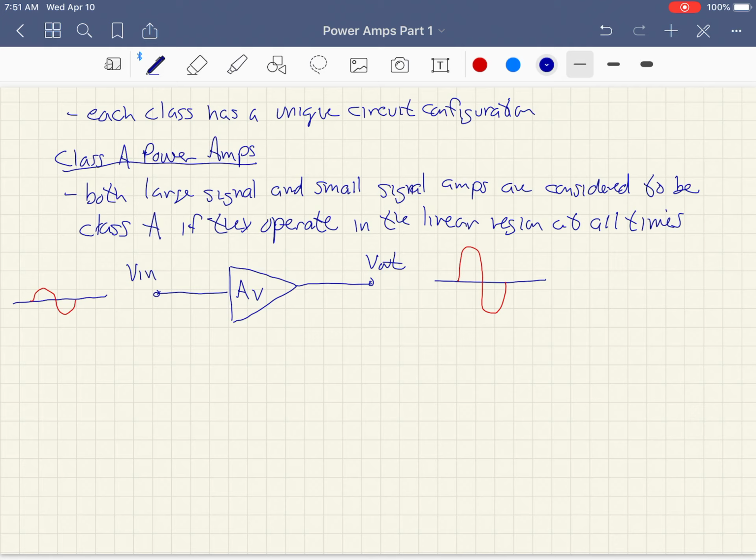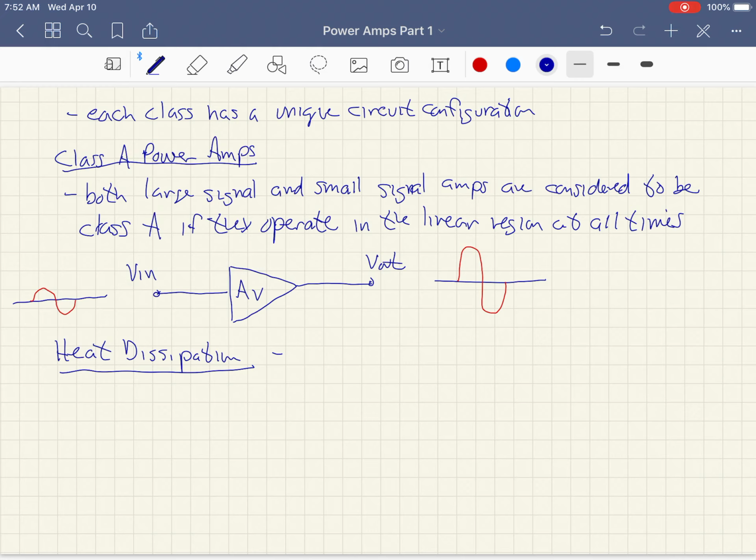All right, there's some things we need to consider. Anytime you hear the word power, you really need to think about heat. So we want to talk a little bit about heat dissipation now. Anything power related, any kind of power device, has to dissipate typically large amounts of heat.